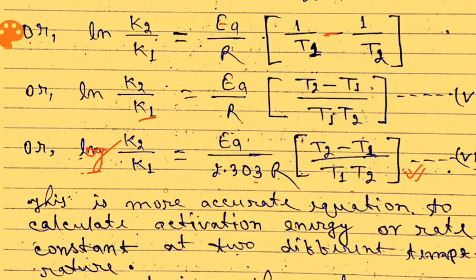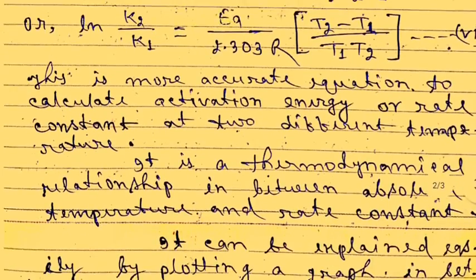So this is a more accurate equation to calculate activation energy or rate constant at two different temperatures.